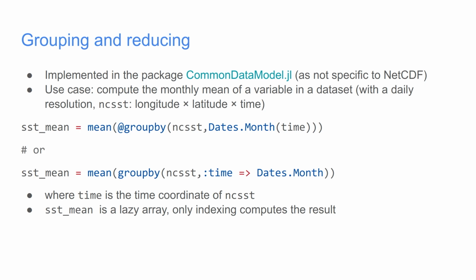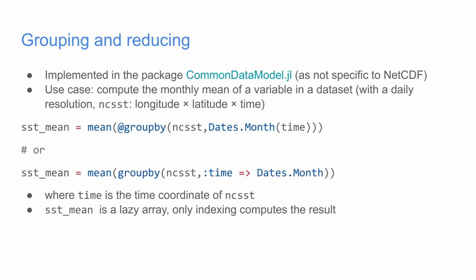One thing that we often do, for example, is to compute the monthly mean of a satellite data cube, where the data cube is longitude, latitude, and time, and assume that you have a daily dataset spanning several years, and you want to compute the average of all January, February, and so on. So you would group the dataset by months and then compute the mean. That's also now implemented in CommonDataModel.